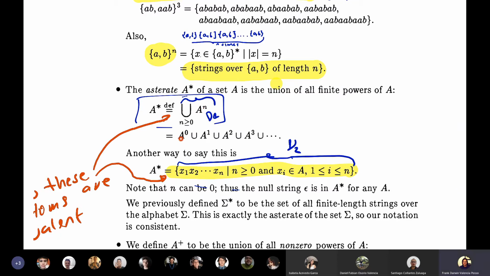That means A to the 0, union A to the 1, union A to the 2, union A to the 3, and so on. Okay? So it's this big union here.